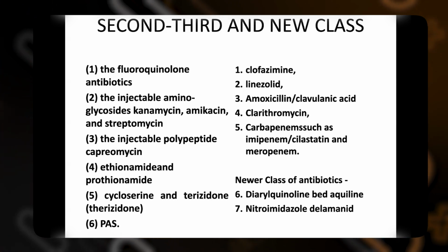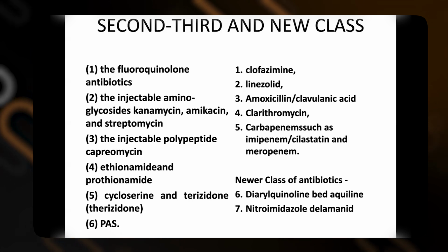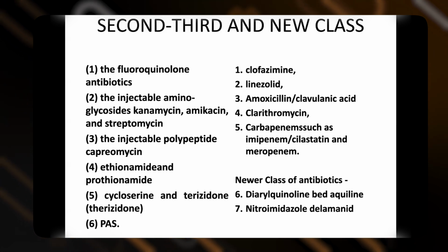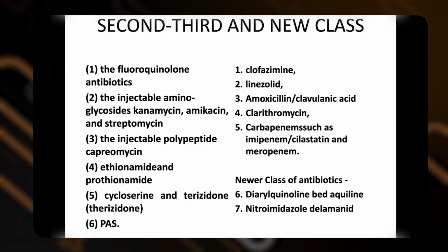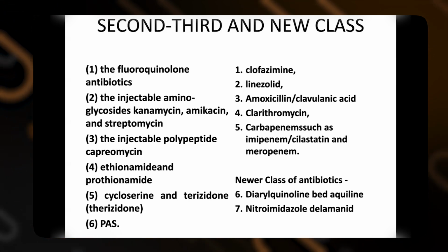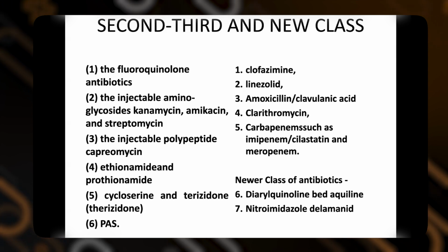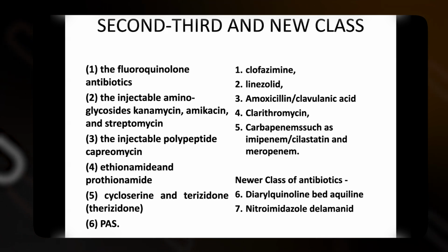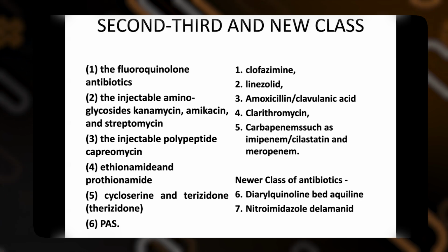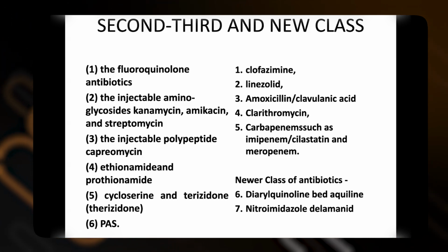Those are linezolid, amoxicillin, carbapenem, clarithromycin, and you would be a bit surprised why they are given, because at some point of time they were thought to be useful in tuberculosis, but they are no longer used in treatment, or they should not even be considered. There are also bedaquiline and delamanid, a new class of antibiotics which we will be going through.